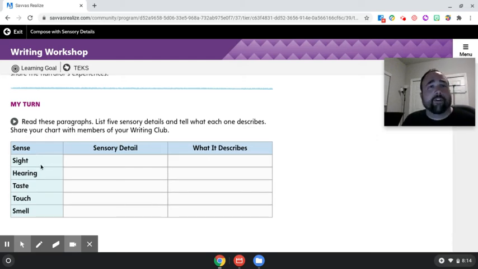So, here are your 5 senses: sight, hearing, taste, touch, and smell. Right? We talked about it. And if you're not doing this, shame on you. It's fun. Unless you have a stuffed nose like I do, then it's not so fun.